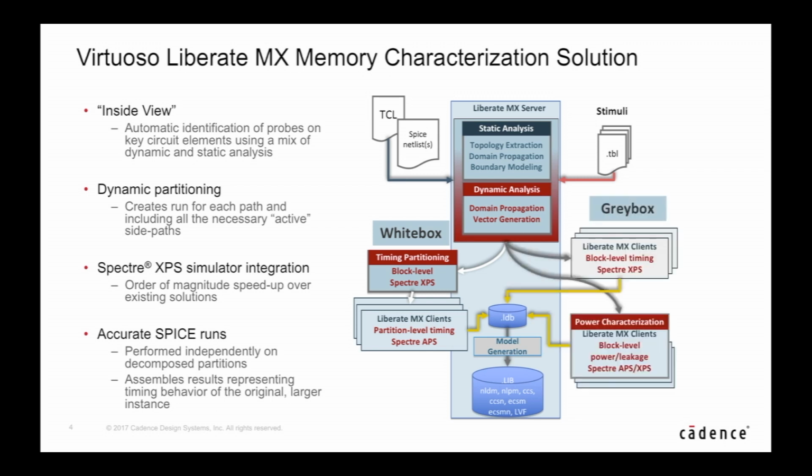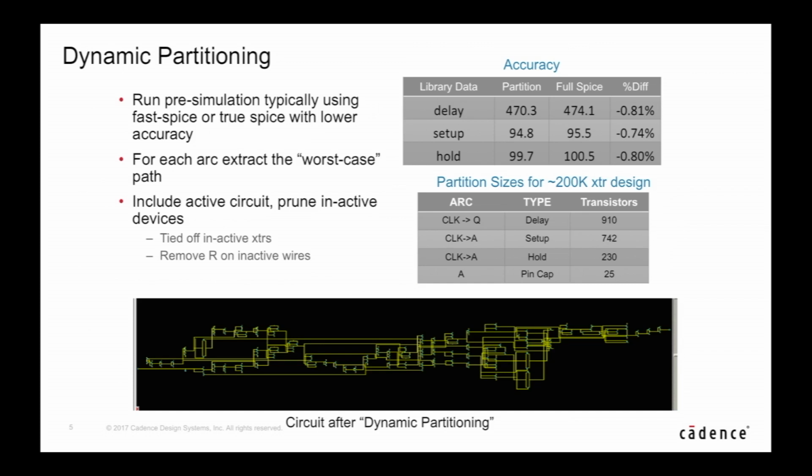On the power characterization side, we use the full accuracy of the XPS solution by running the block at the top level. To give an idea of what dynamic partitioning means, you can look at these tables in which we show, at the bottom, the number of transistors that we will use for a complete slew load characterization for different types of arcs, compared to the original size of 200,000 or more transistors in the design.